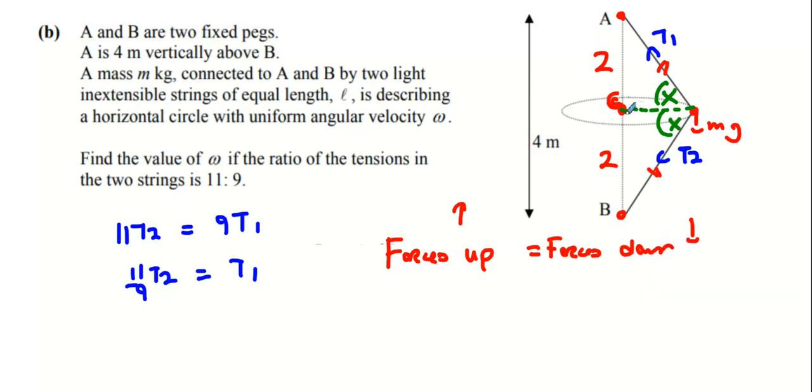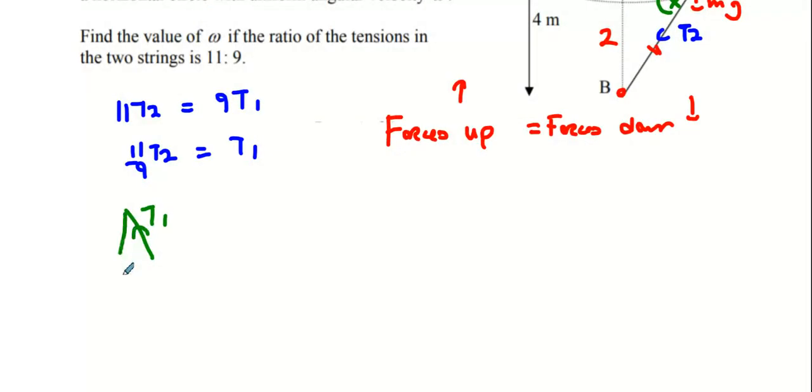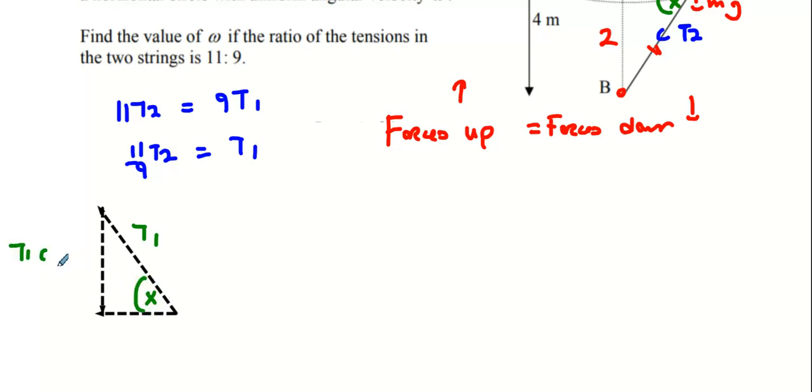So what we can say is that going upwards would be T1 sine X. If you take T1, which is this one here, it's going up at angle X. Looking at our diagram, this is angle X, so this is T1 sine X moving upwards, and T1 cos X moving across.